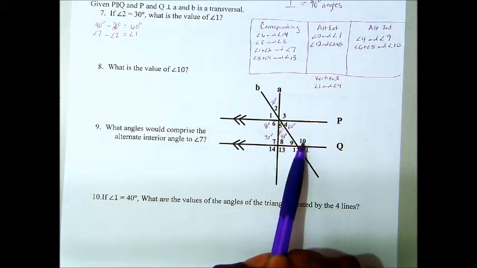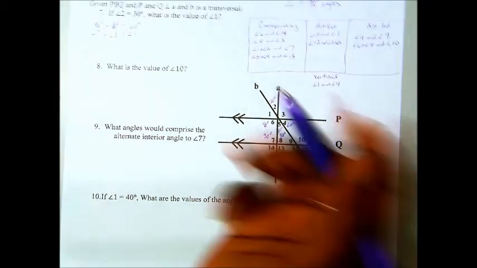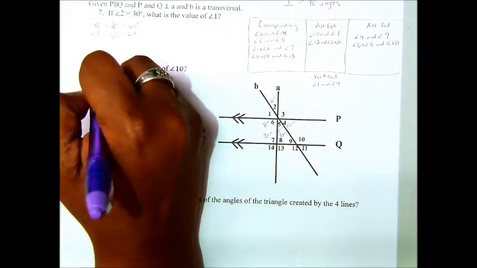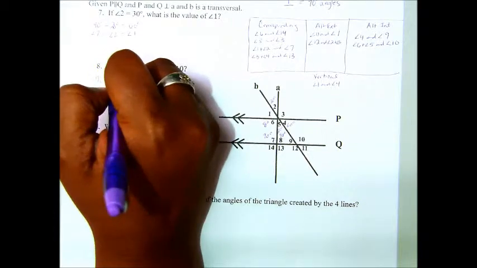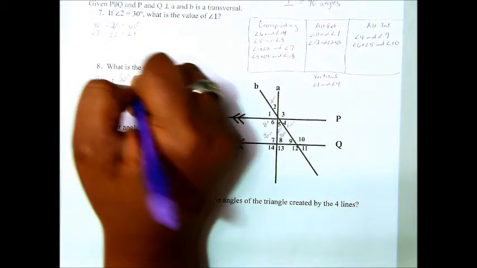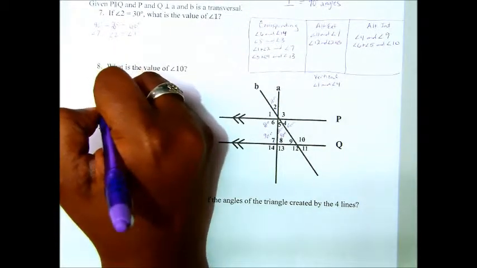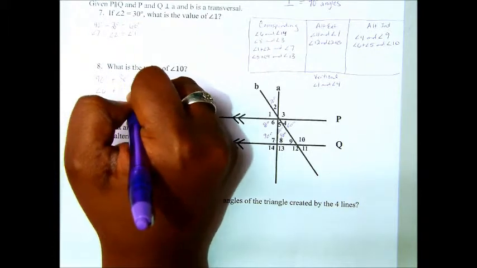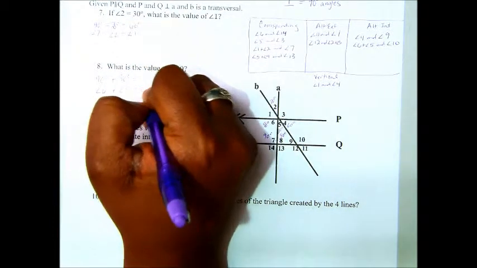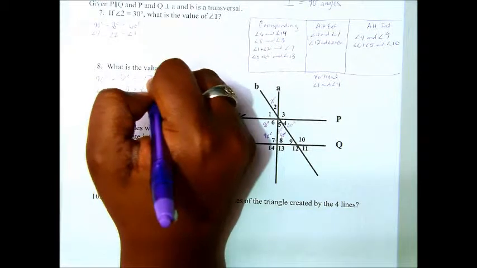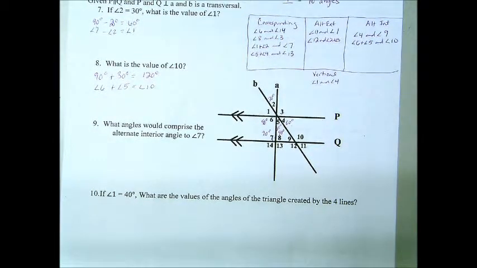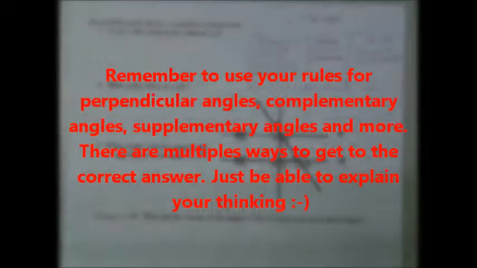So I can figure out angle 10. So let's write that. 90 plus 30 equals, and so this is angle 6 plus angle 5 equals angle 10. 120 degrees. Rewind that if that didn't make sense.